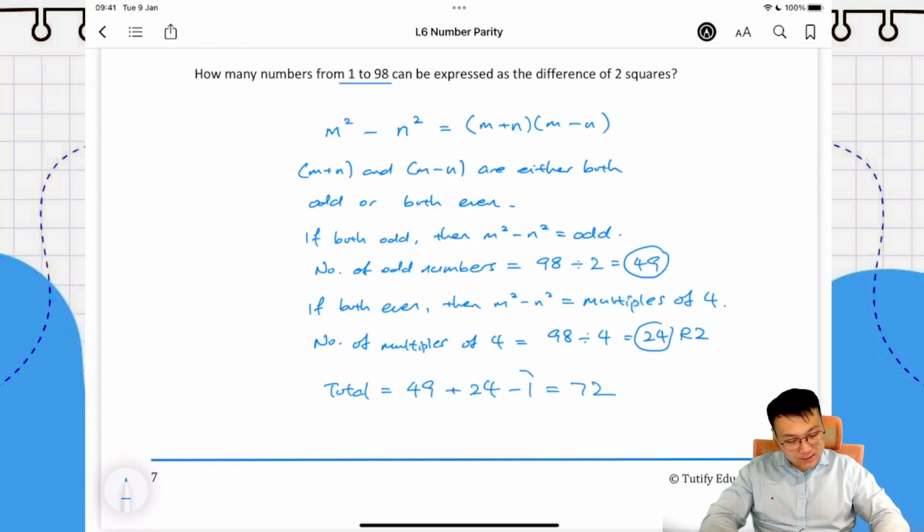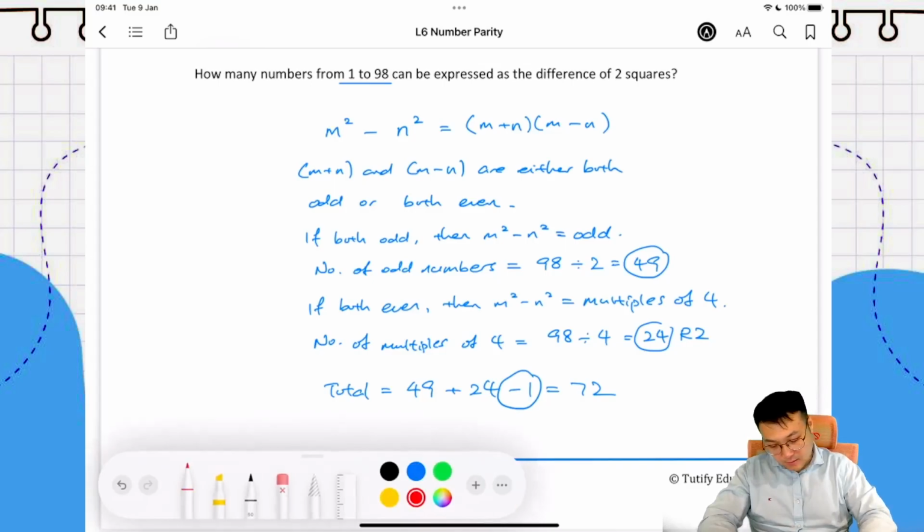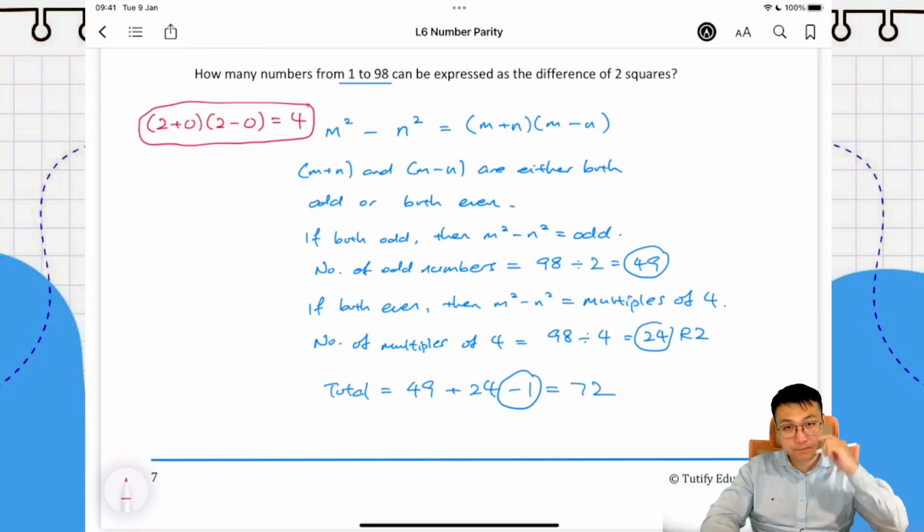72. Can anybody tell me why did I minus 1 here? Let me give you a hint, okay? Did you see me write this just now, everyone?